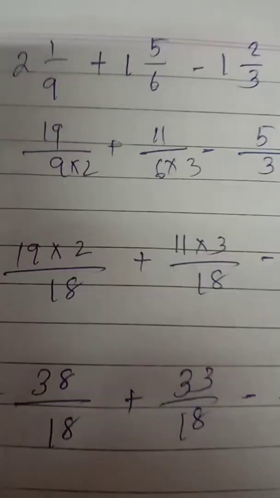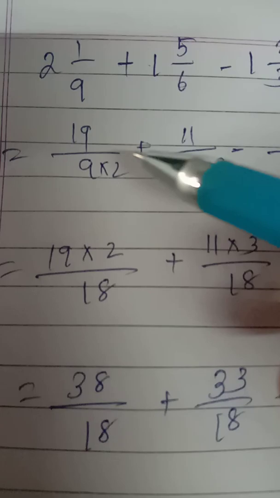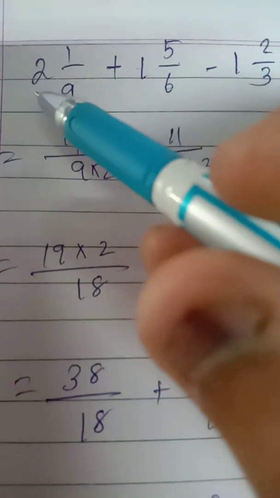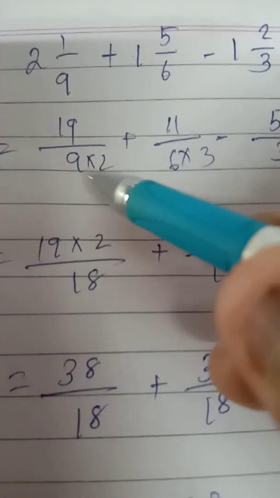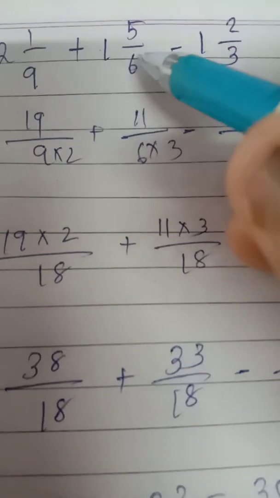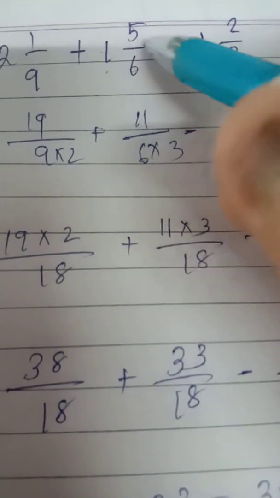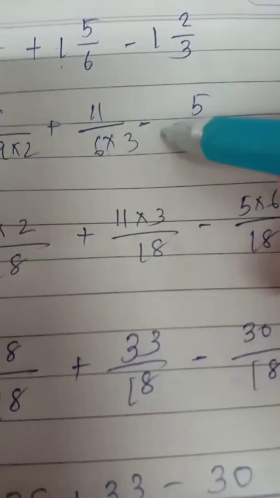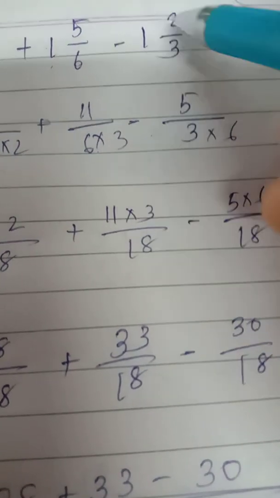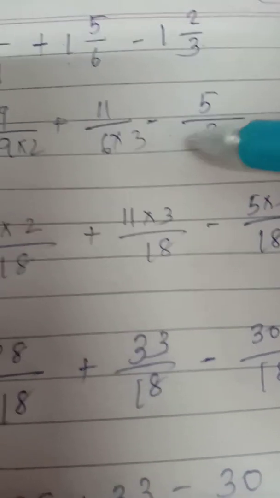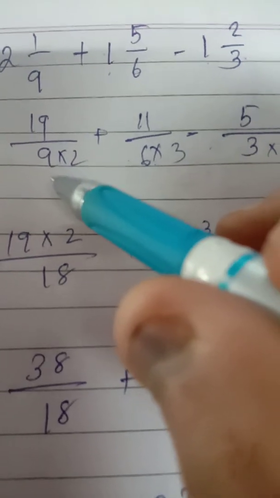So first of all, make it into improper fractions, that is 9 2s are 18 and 1 is 19 upon 9, plus 6 1s are 6 plus 5, that is 11 upon 6, minus 3 1s are 3 plus 2, that is 5 upon 3. Now do the LCM of 9, 6 and 3.